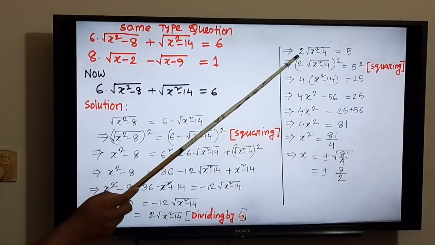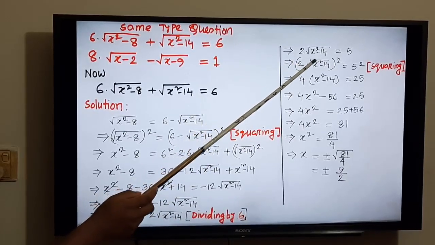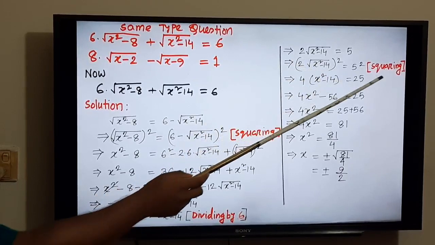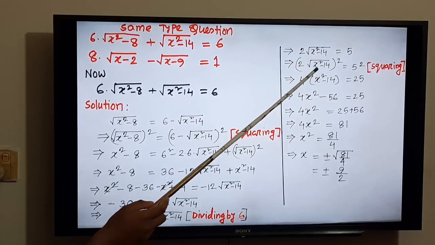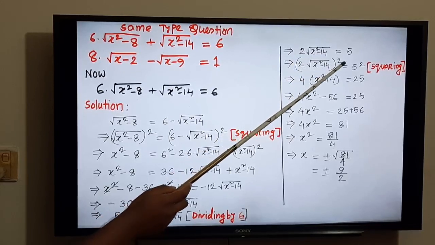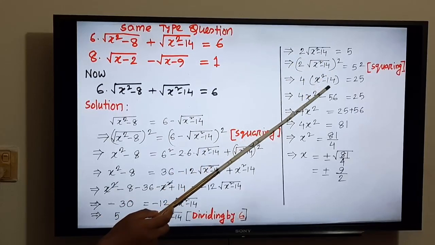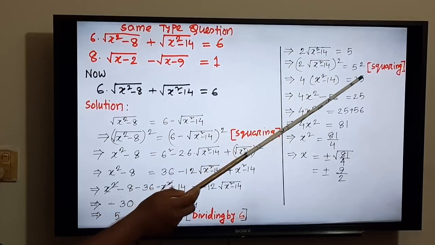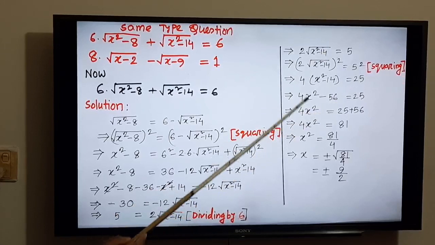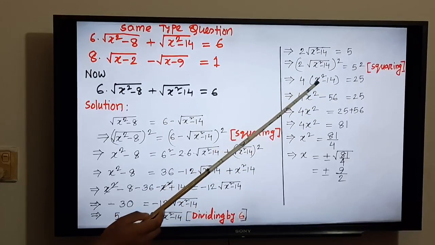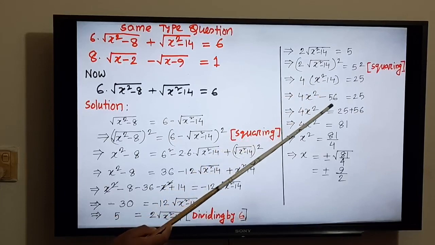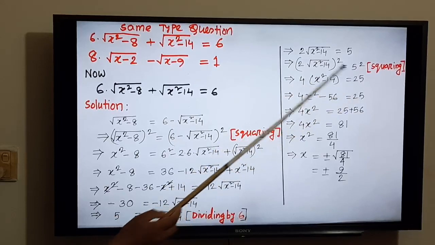In this line, squaring again on both sides, 5 square is equal to 25, and 2 square is 4, root and square will be removed, then x square minus 14. So multiply this term by 4: 4x square minus 56 is equal to 25.